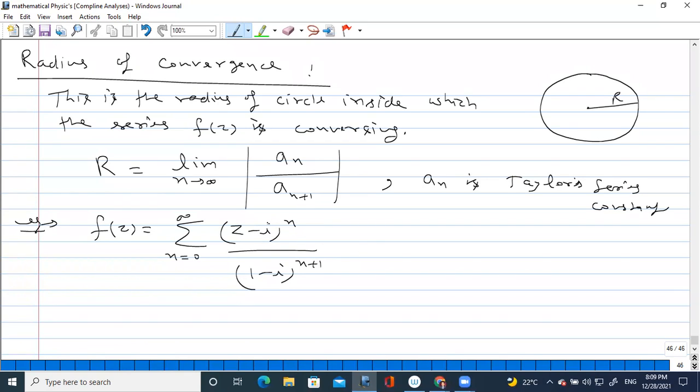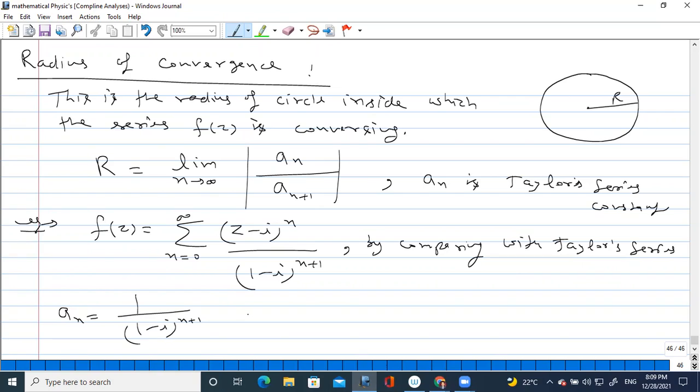So this is like (z - z0)^n, and whatever is left will be a_n if you compare it with the Taylor series. This is the compact form of the Taylor series. By comparing with it, a_n will be 1 upon (1 - i)^(n+1).